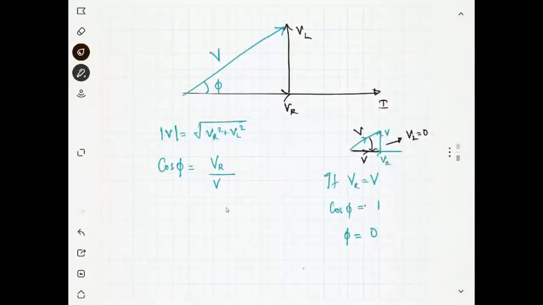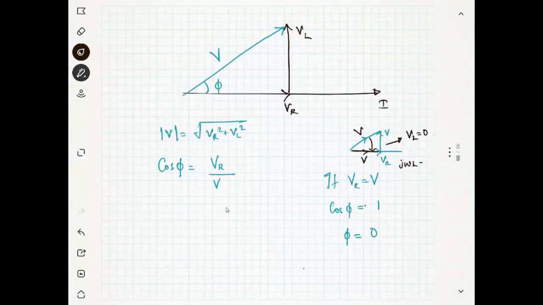If VL is 0, then j omega L should be equal to 0. Omega is not 0, so L should be equal to 0. VL is I into j omega L. That means the network should be completely resistive. That means the network will be like this.